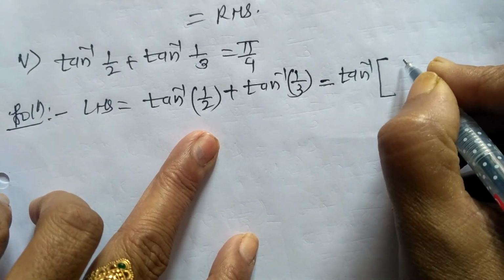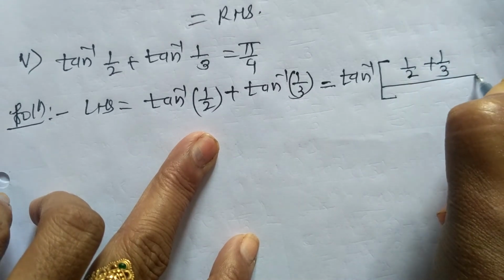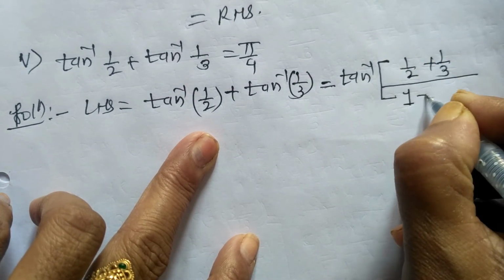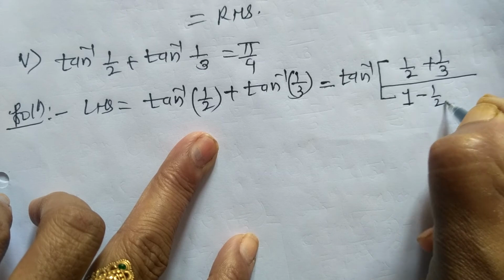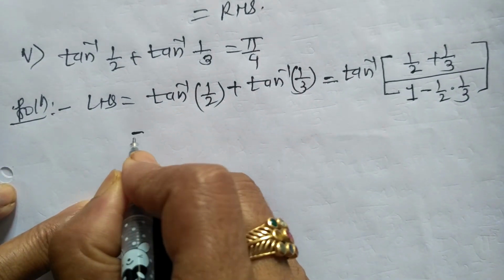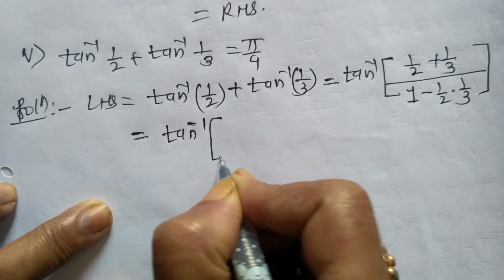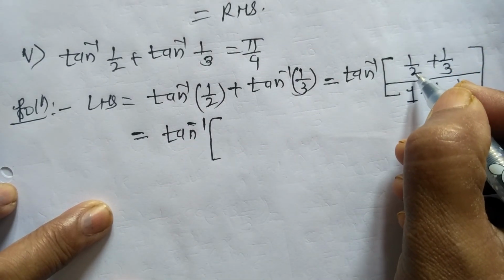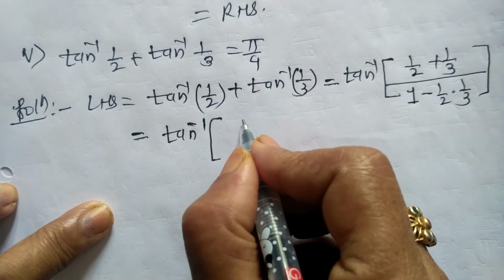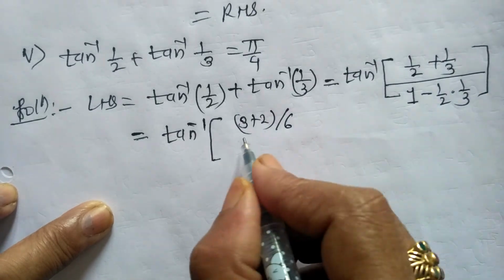It is tan inverse of x plus y whole divided by 1 minus x into y, means 1 by 2 into 1 by 3. So the simplification of this is tan inverse of, here the denominators are 2 and 3, so we take cross multiplication, 3 plus 2, and the LCM is 6.